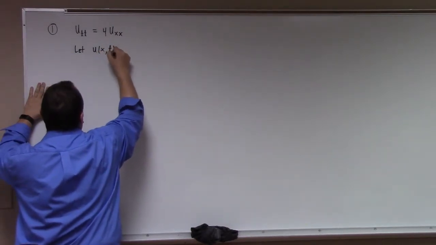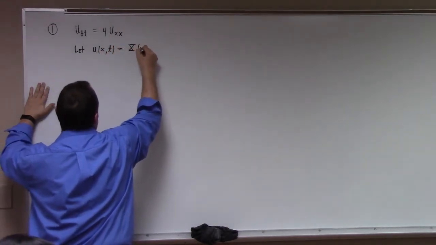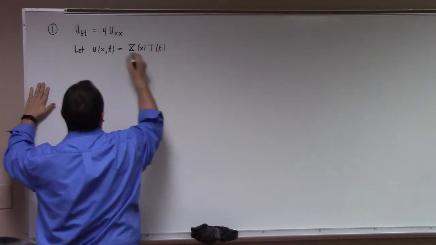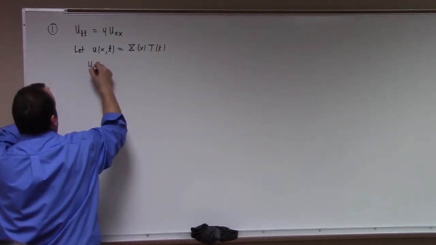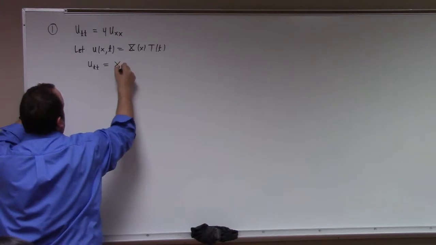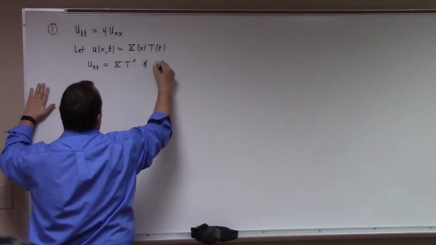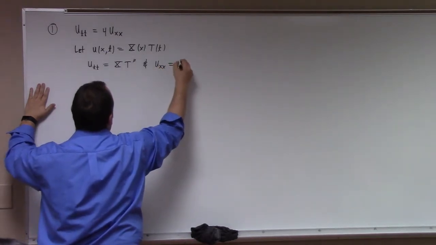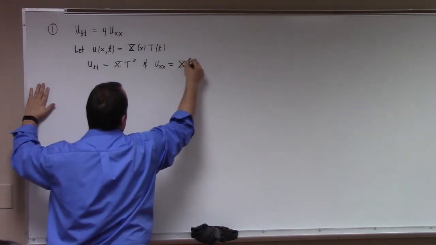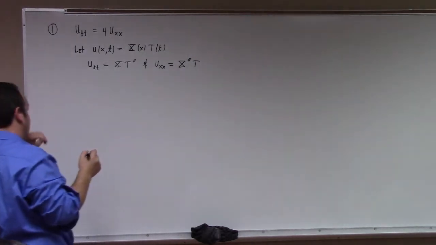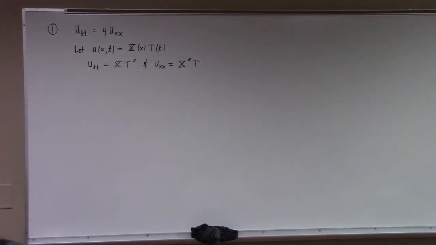t) = X(x) T(t). So u_tt is going to be X T'', and u_xx is equal to X'' T, just like we did last time for the heat equation. The primes on the factors in the product solution mean ordinary derivatives, either with respect to time or space as appropriate.